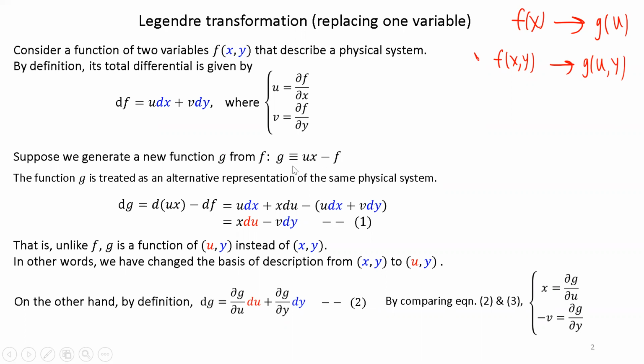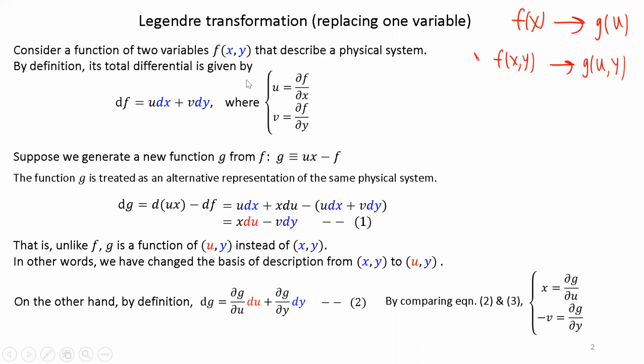Then again, consider the total differential of this g function. Then d g would be equal to d(u x) minus d f. Last time for d f we only had one term, but now, because f is a two variable function, d f has two terms.